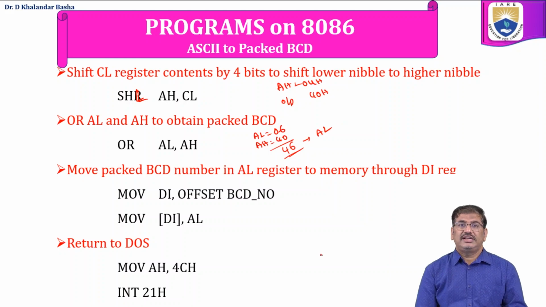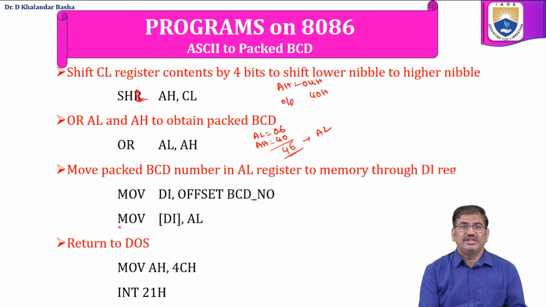So now this AL register content will move into the memory location. For fetching the address of the memory location of the packed BCD number, we use the OFFSET directive. The OFFSET directive will fetch us the offset value of the BCD number. This will be loaded into the DI register. Into this memory location, we want to load the BCD number which is in the AL.